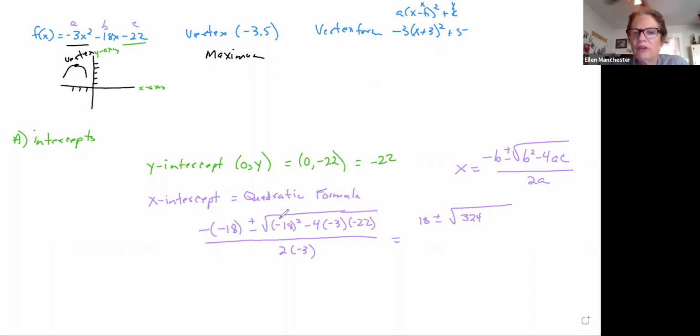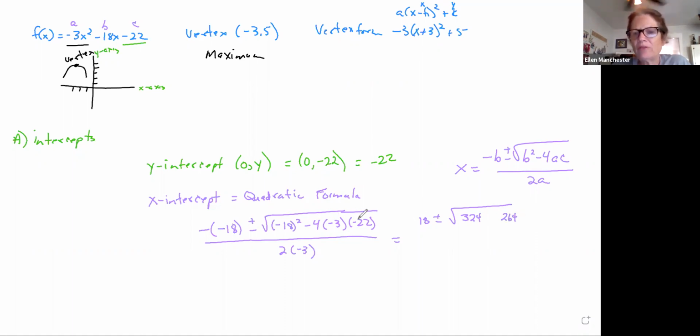Notice you're using the negative sign. All right, notice I put parentheses around it. So you're using that negative sign. So this first number will always be positive. All right, then watch how I do this. I go 4 times 3 times 22, and I get 264.